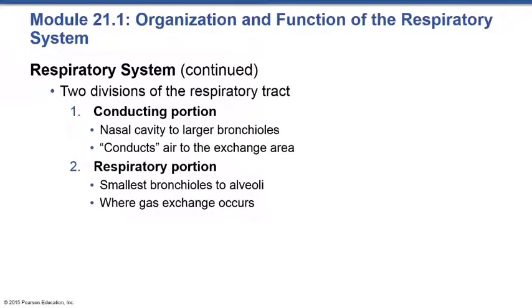The respiratory portion is just the last little bit of microscopic structures that includes the smallest bronchioles referred to as respiratory bronchioles and the alveolar air sacs. That's where the gas exchange actually happens. Everything before that, proximal to the respiratory portion, is simply an area where gas is going in and out, but there's no gas exchange occurring.